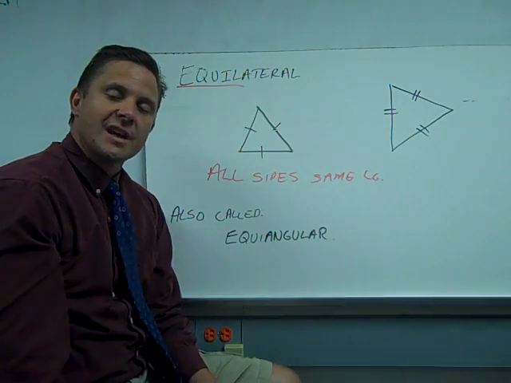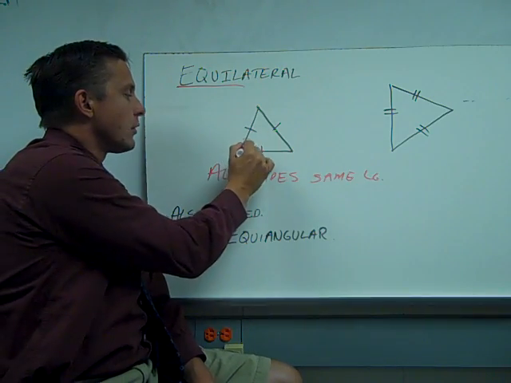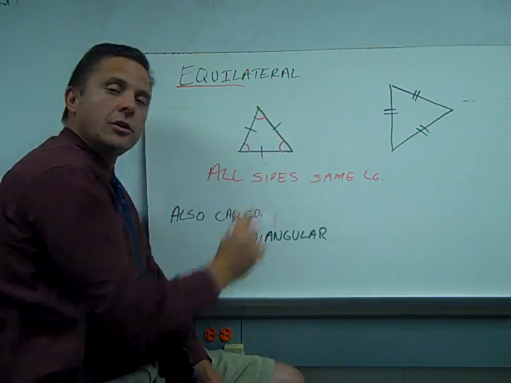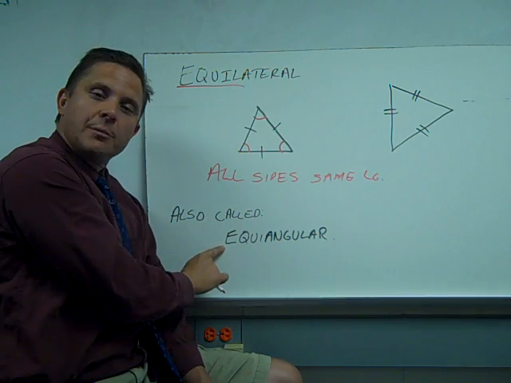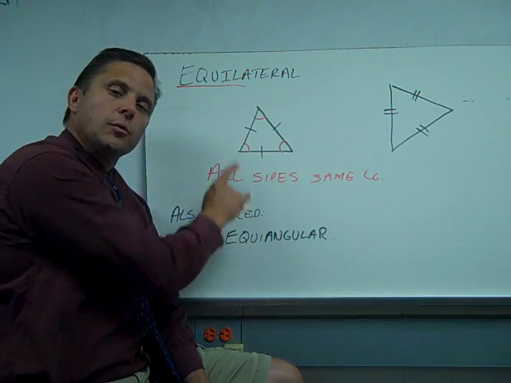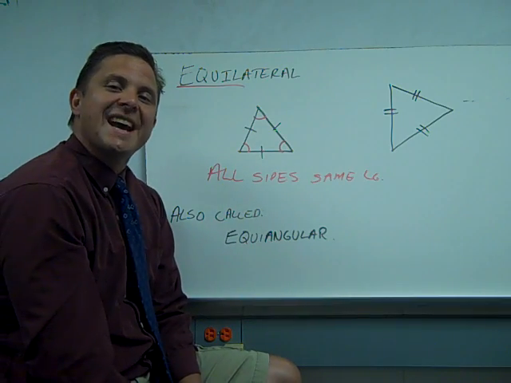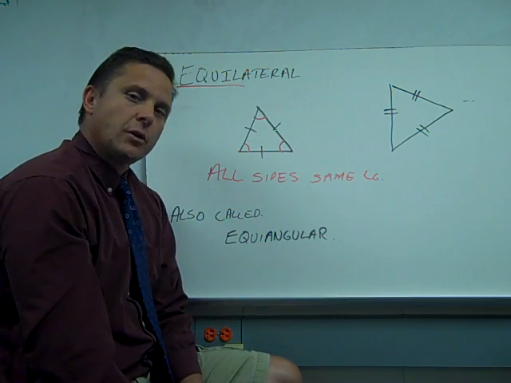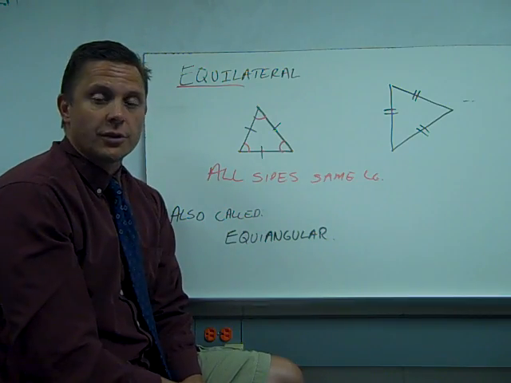Well, think about what we talked about the last board. If the sides are the same length, what do you know about the angles? In an equilateral triangle, all the angles also have to be equal. Some people sometimes call it an equal angular triangle. In our classroom, we'll typically call it equilateral, but they're correct when you say all the angles are equal. And as we go forward, we're going to learn that, or review that, this triangle has 180 degrees.